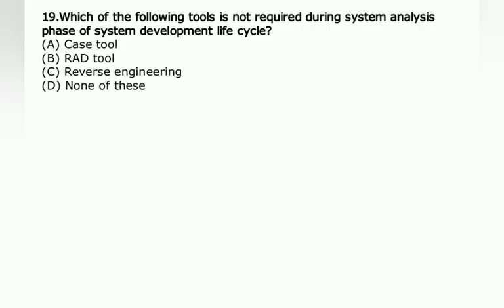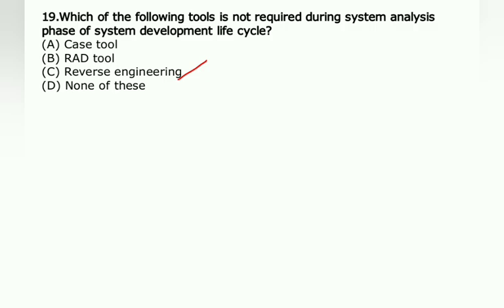Which of the following tools is not required during the system analysis phase of the software development lifecycle? So the answer is option C, reverse engineering. SDLC here is a rapid application development type of prototyping.